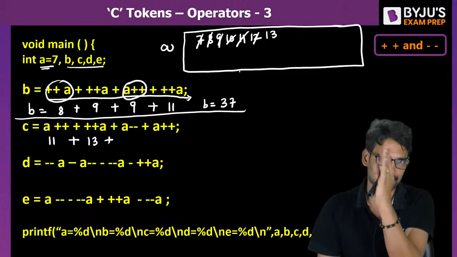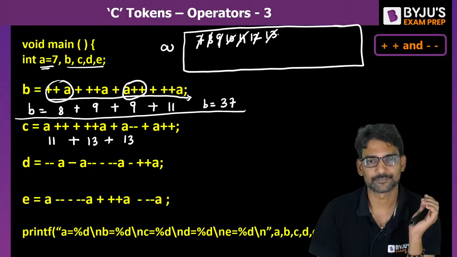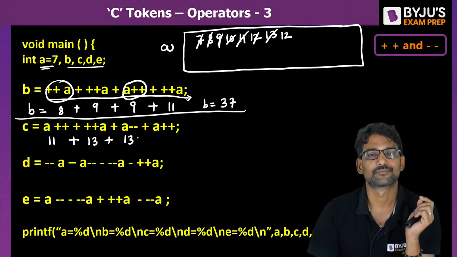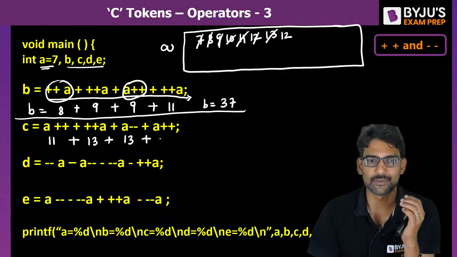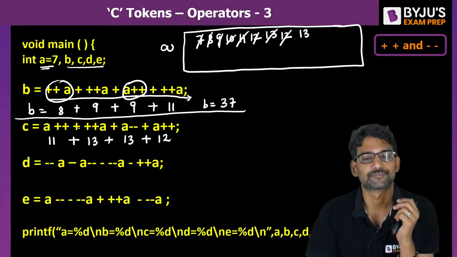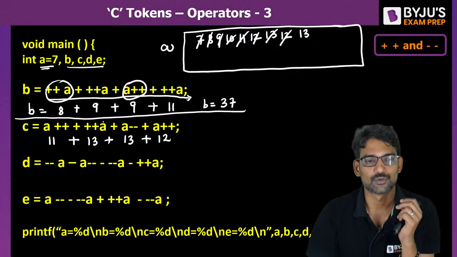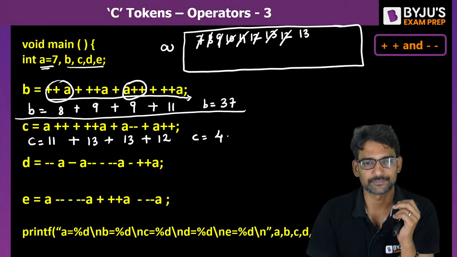First assign the value, then decrement, plus A++, assign the value, then increment. So what C value is going to be? 11 plus 13, 24 plus 13, 37 plus 12, 49.